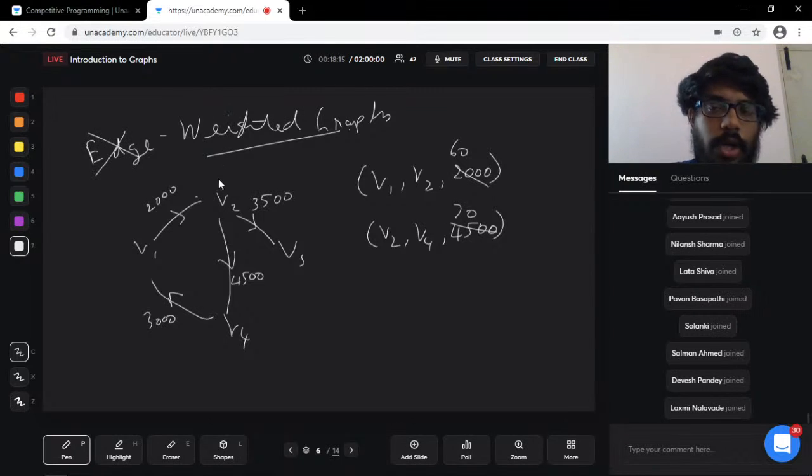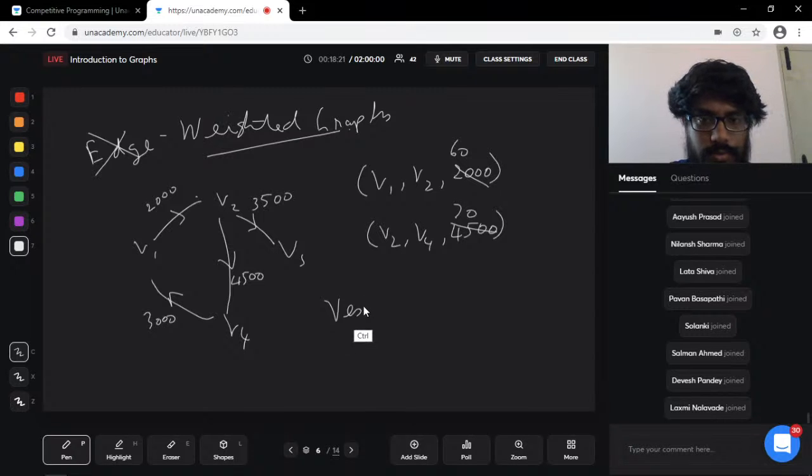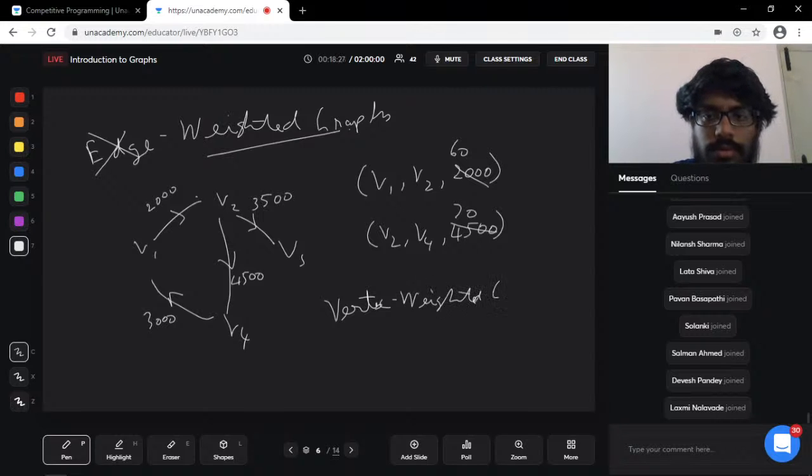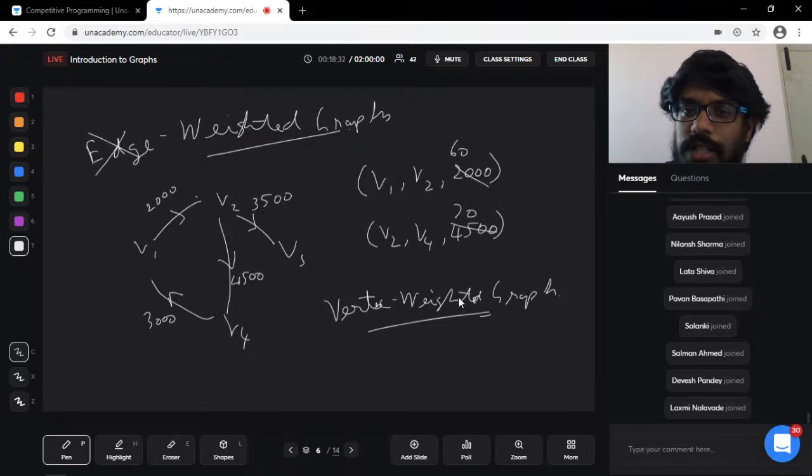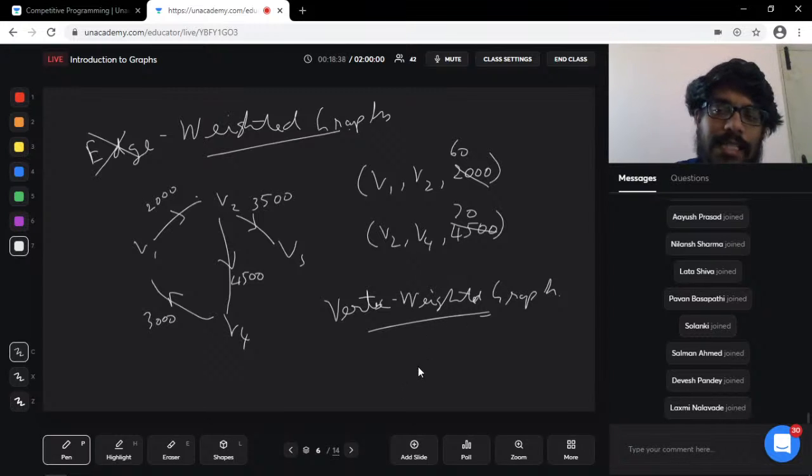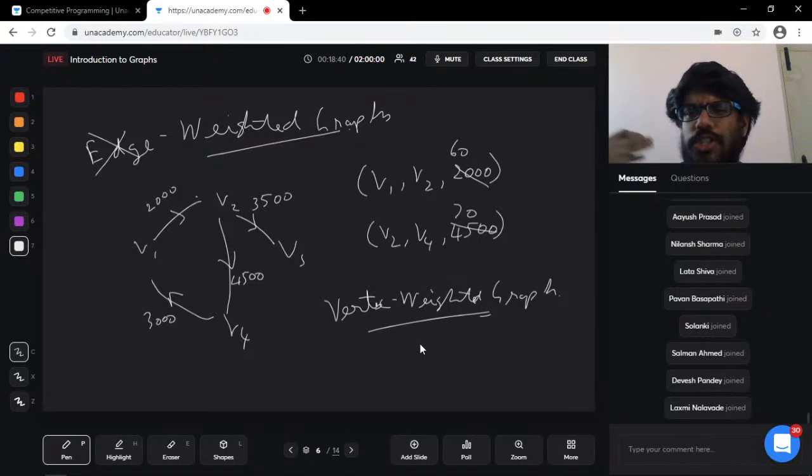But are there different kinds of weighted graphs? Yes, there's also something called a vertex weighted graph. As it should be pretty clear, the weights are on the vertices instead of the edges. So each vertex has a weight attached to it. That could also have any significance, in which case those will be called vertex weights.